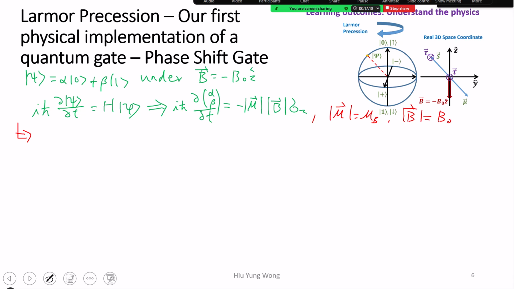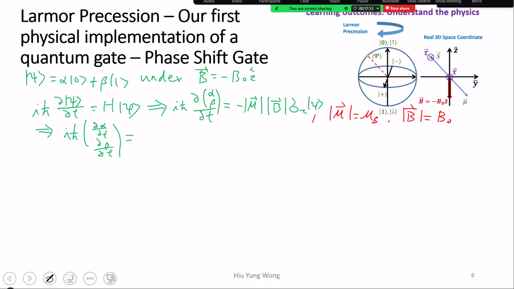Let me spell it out: i h bar times the column of partial alpha partial t and partial beta partial t, the whole thing equals, and here I forgot the state, sorry.